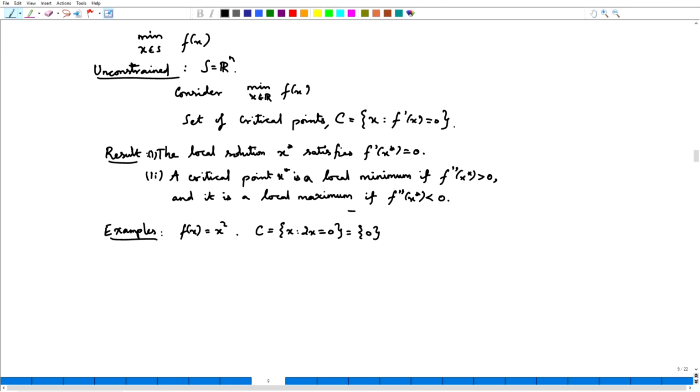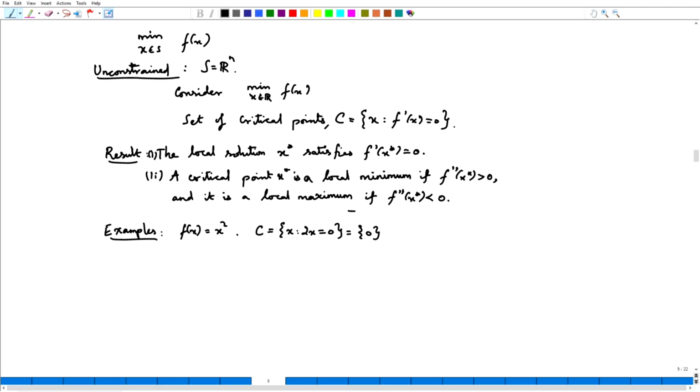Okay. So, there is only one critical point 0, and what we know is that no other point can be a local solution, because it does not satisfy f dash of x equal to 0. So, there is only one point that satisfies f dash of x equal to 0, and that is x equal to 0, right.